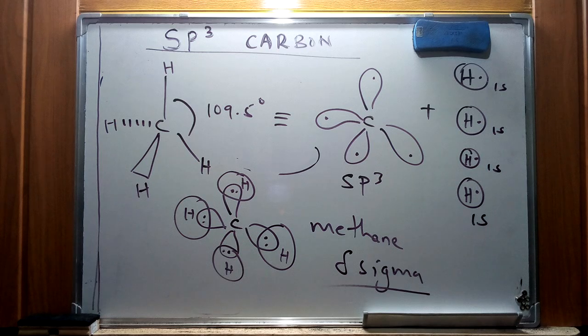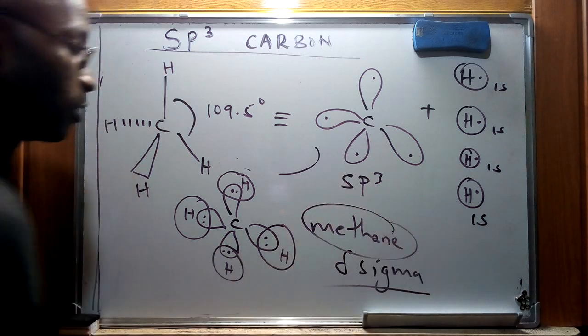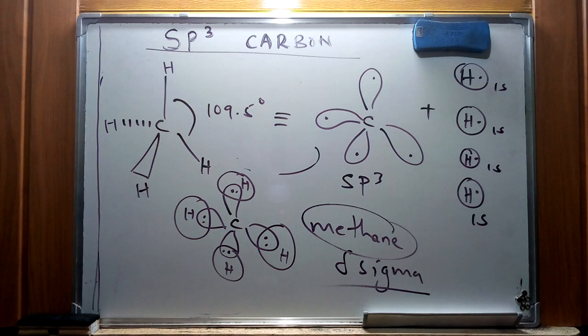Therefore, for the case of methane, and for the case of ethane, we're going to see that there is a different illustration that is going to be given. Each carbon atom in the ethane molecule is going to be SP3 hybridized and tetrahedral in shape. But for the case of ethane, it's going to be shown that there will be a free rotation that is possible along the carbon-carbon bond, which is going to form a sigma bond.